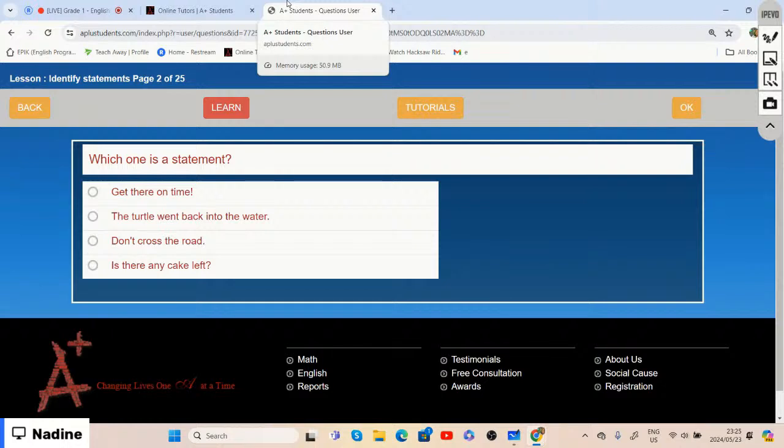So which is a statement? Yes, we can say it is the turtle went back into the water.